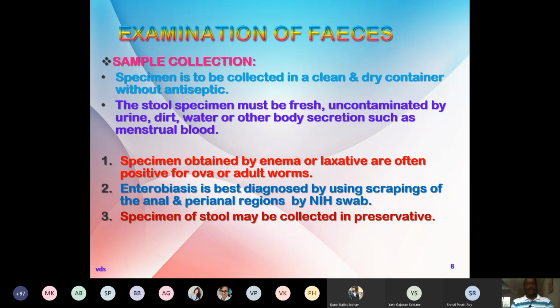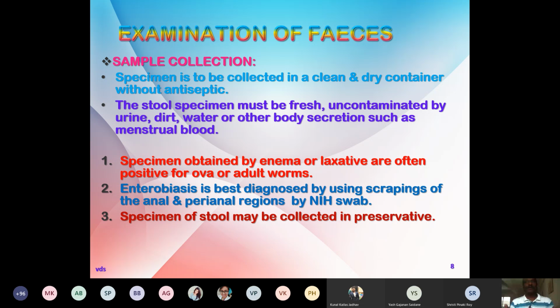Okay. Now, the stool specimen must be fresh, uncontaminated by urine, dirt, water, or any other body secretion such as menstrual blood. Contamination with menstrual blood may mislead to the diagnosis of ulcerative infection in the intestine, because if blood is seen in the feces, we suspect an ulcerative condition in the bowel while observing under the microscope.